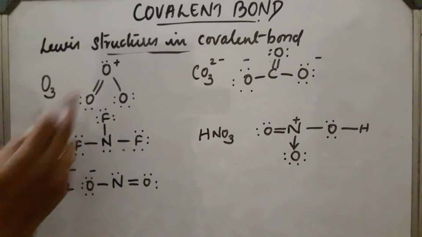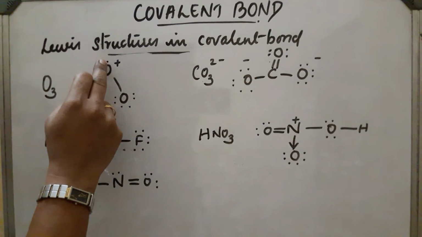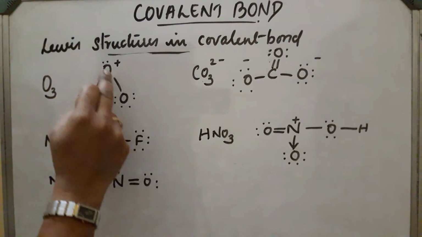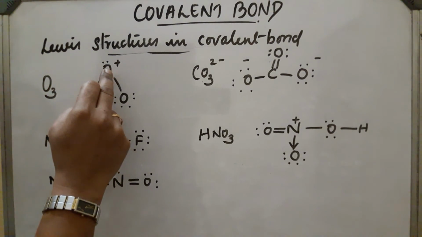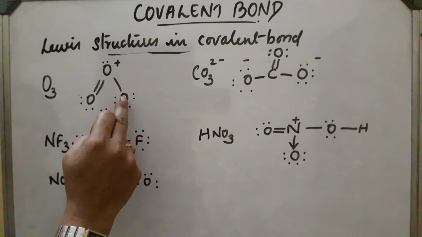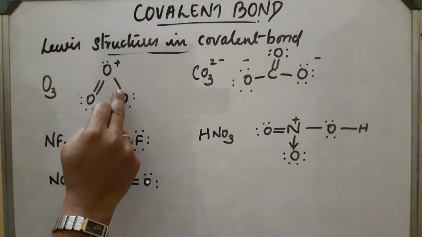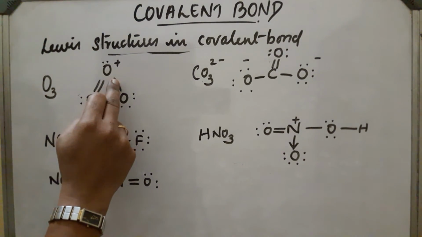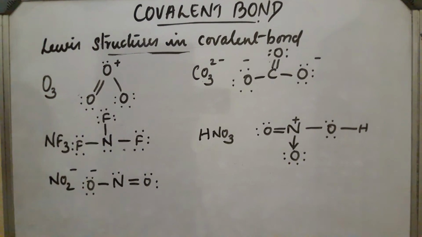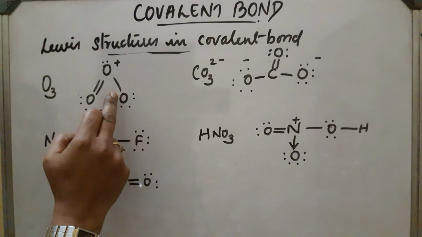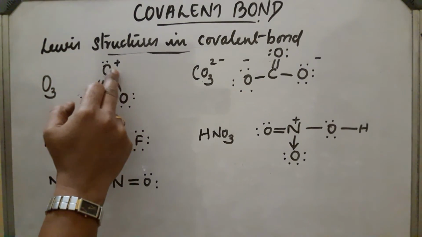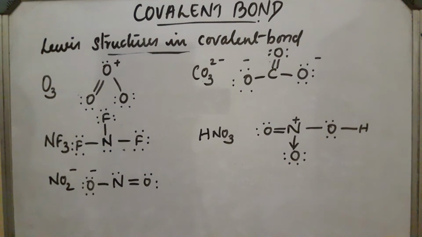Here, this oxygen contains 1, 2, 3, 4, 5, 6. This oxygen shares both its electrons to here, so it forms a single bond. So, 2 electrons are bonded. Then, this oxygen contains 6 electrons and it completes its octet by sharing the electron from this oxygen atom.